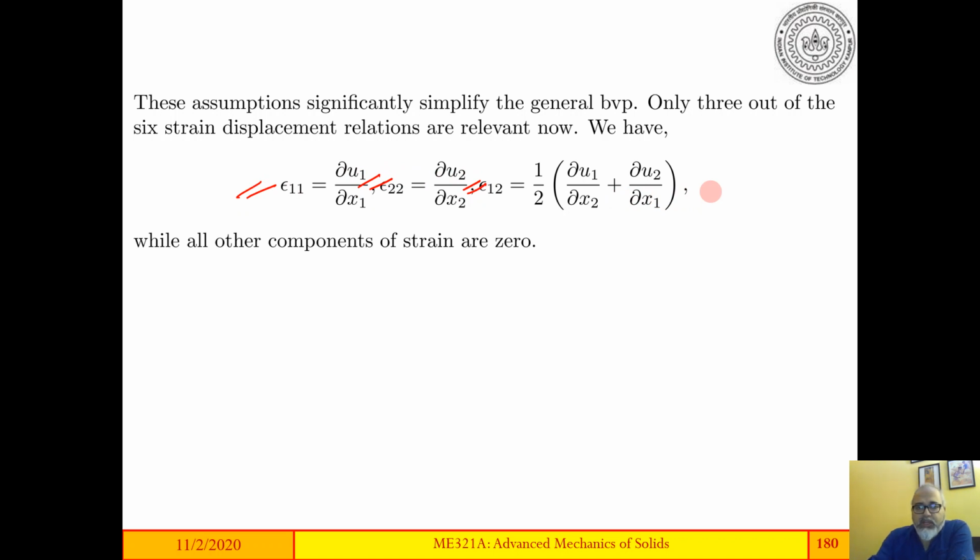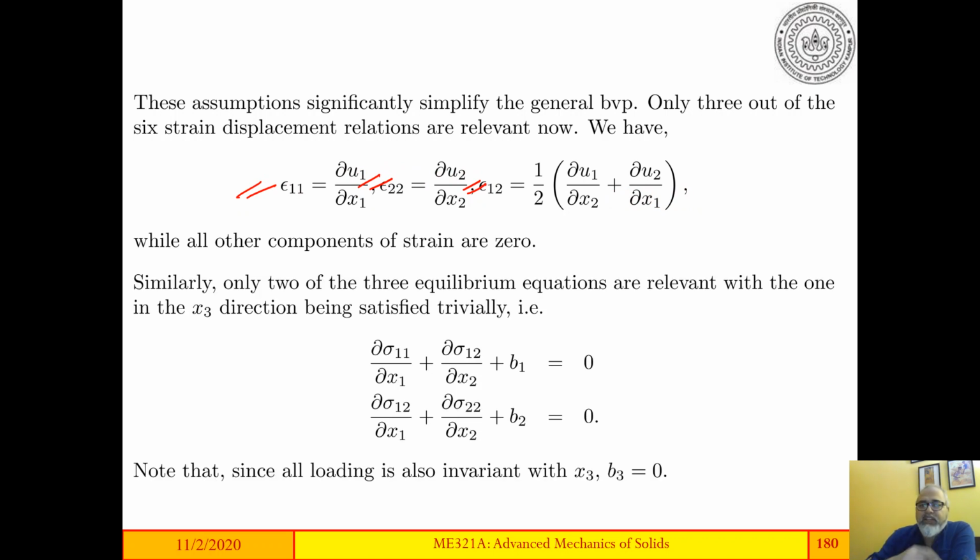Now let us look at the equilibrium equation. Remember, the equilibrium equation is sigma ij comma j plus bi equal to 0. There can be no loading in the 3 direction. So for 3, this is sigma 3j comma j plus b3 equal to 0. b3 has to be equal to 0 because the body force cannot have an out of plane component.